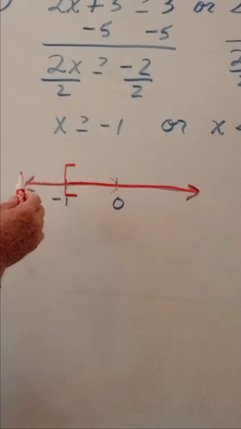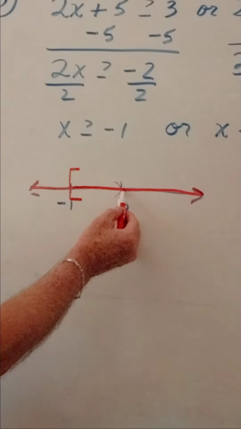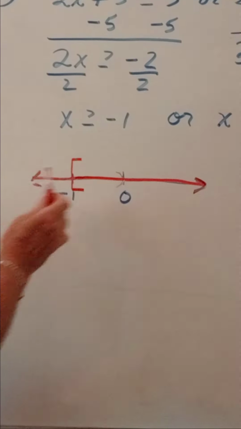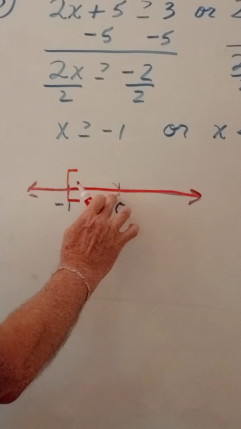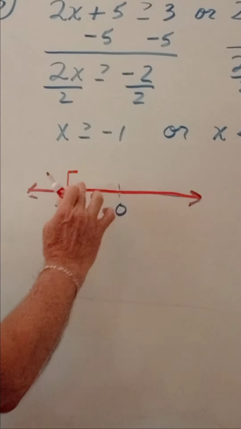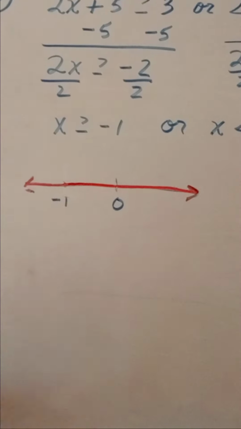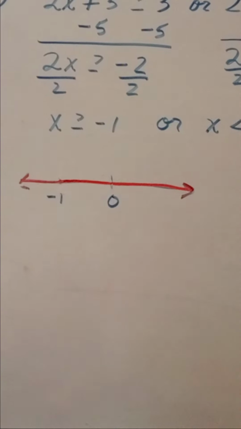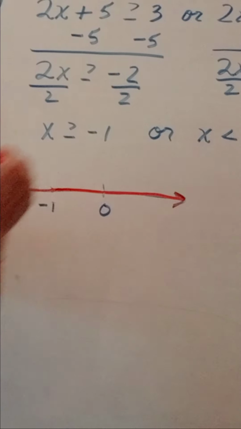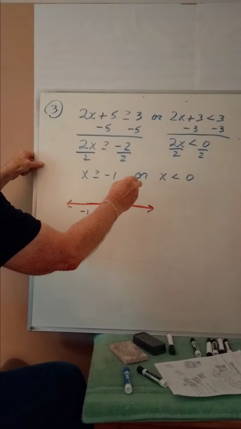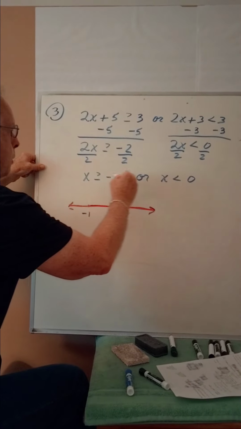Because all of the values that are less than 0 are going to pick up that negative 1, we really don't need that bracket there, and we don't need the parenthesis. So let me just do a little bit of erasing. And there's the graph.